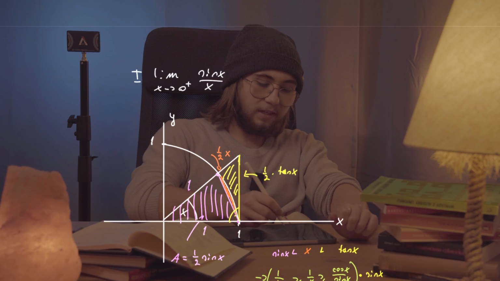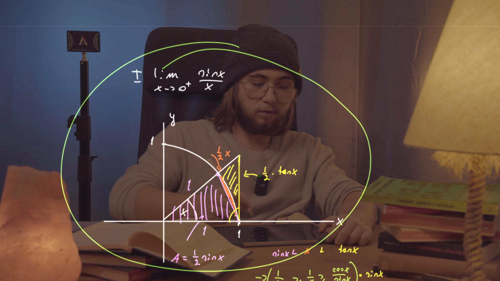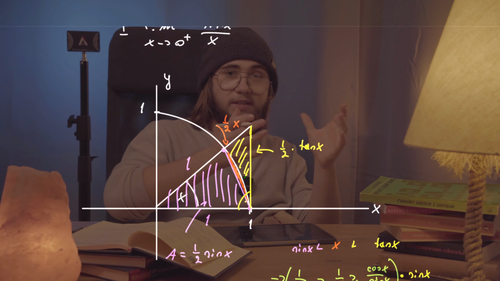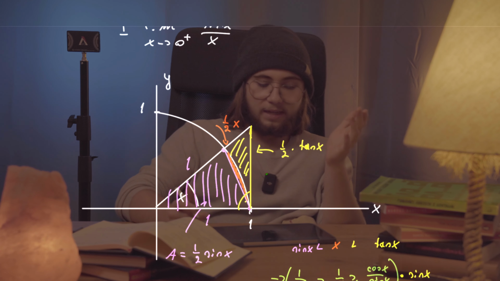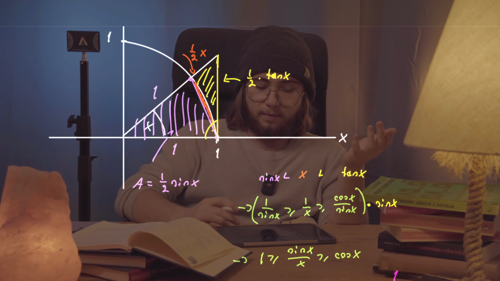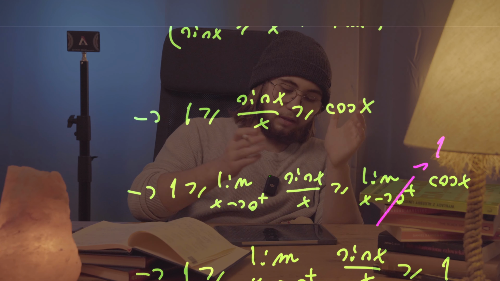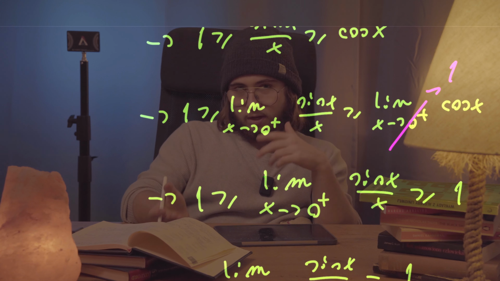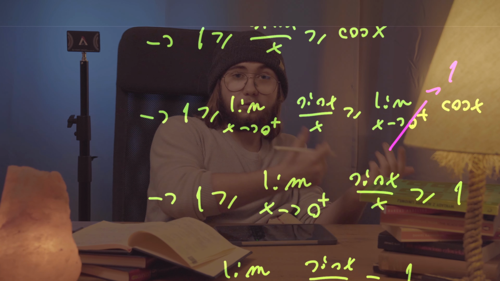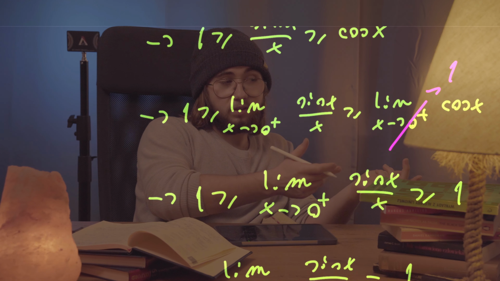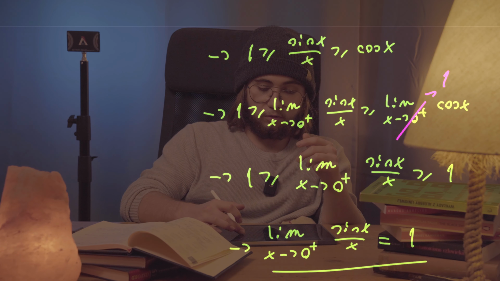And then we drew a quarter of a unit circle in the coordinate system, and ended up, after calculating some areas, with this beautiful set of inequalities, which actually yielded us, after taking the limit, that our limit is between 1 and 1, which means that it just has to be equal to 1. And then I left the other easy part of the proof to you guys as an exercise.